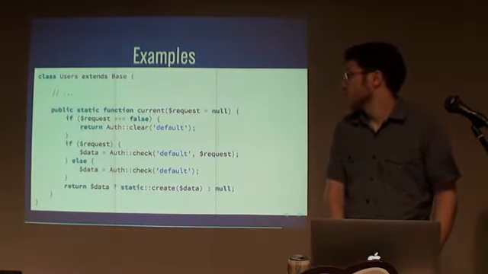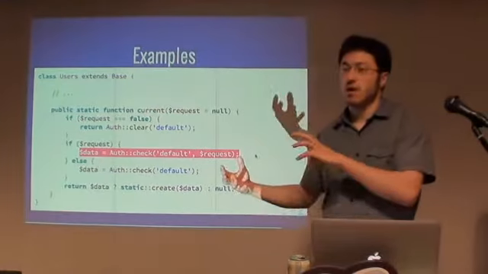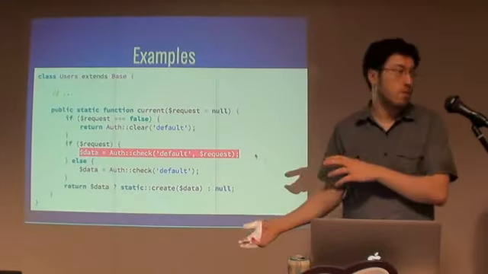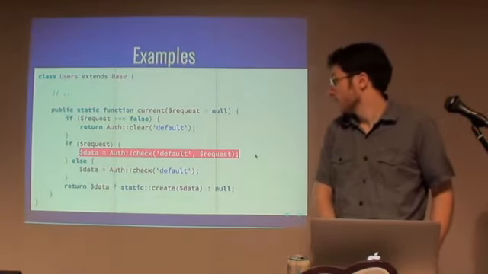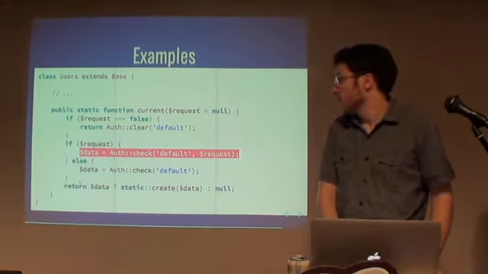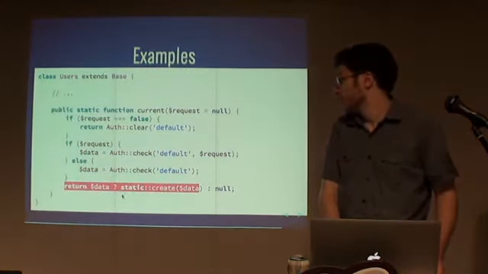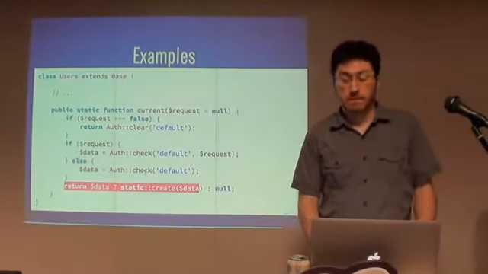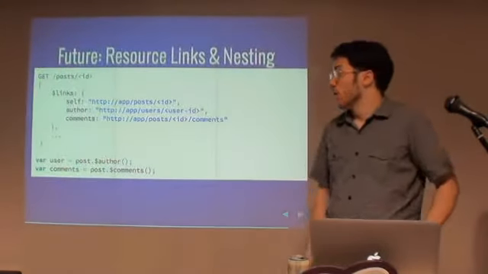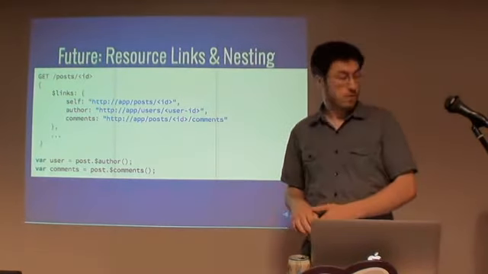We clear the session if it is false, or pass it to the Lithium auth API if a request is present. And in the default case, we just return the session data.